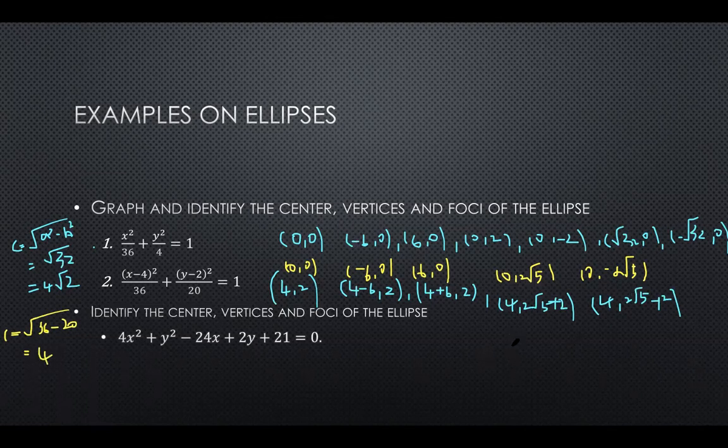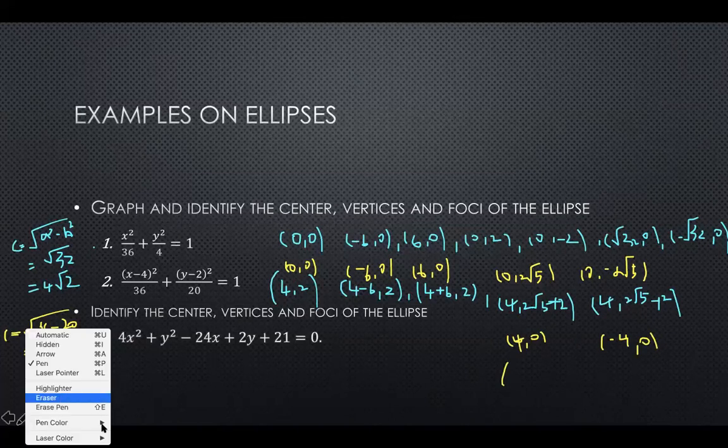So originally, you should have 4, 0 and minus 4, 0 as the coordinates of the two foci, and now you move to 4, 2 to the new center, so you have to add 4 and add 2 for both the x and y coordinates.